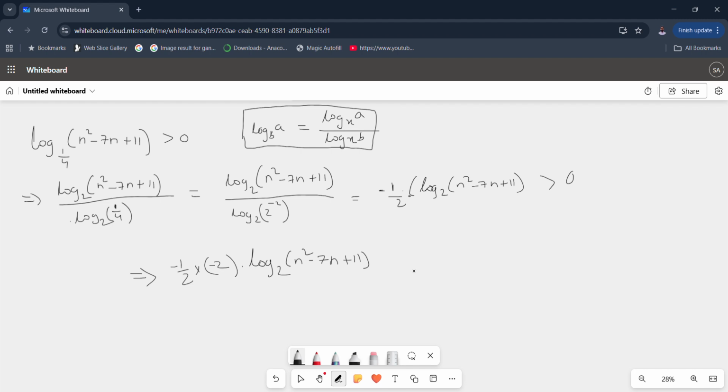Since we are multiplying with a negative number, the inequality is reversed, so instead of greater than 0, it now becomes less than 0. These minus 2 and 2 cancel, and minus 1 becomes plus 1. Now the inequality becomes log base 2 of n square minus 7n plus 11 less than 0.